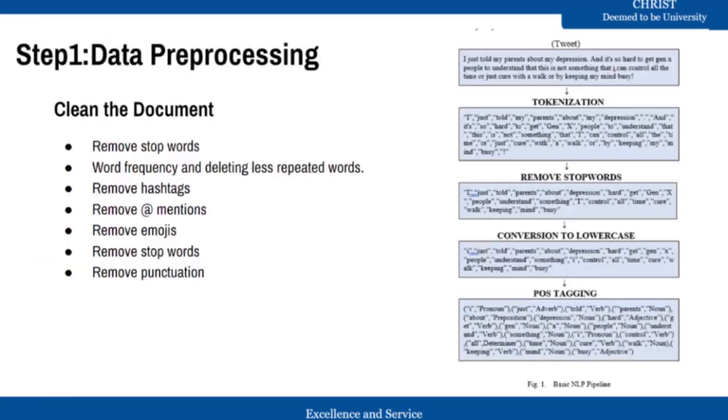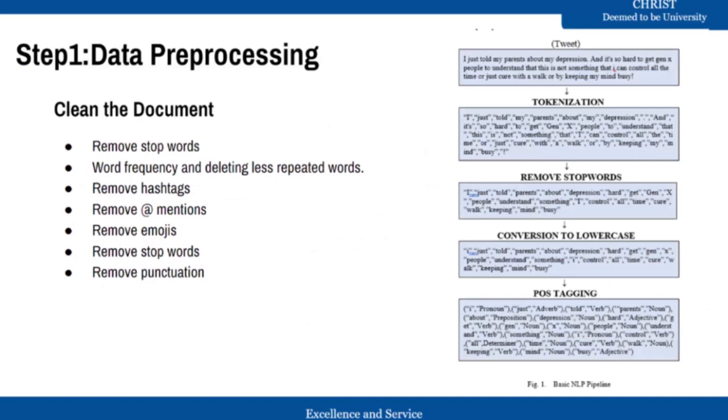Firstly, I would like to start with step one, pre-processing of the dataset. We remove the unwanted data from the tweets, that is the hashtags, emojis, stop words, and all the punctuation, so that we can deal with the remaining pure data that we need to feed into the system.